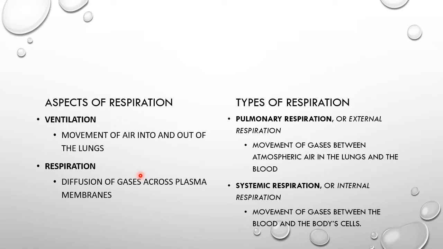Now, there are two types of respiration. There is pulmonary respiration and systemic respiration. Pulmonary respiration is also known as external respiration. This is the movement of gases between the atmospheric air in the lungs and then into the blood.